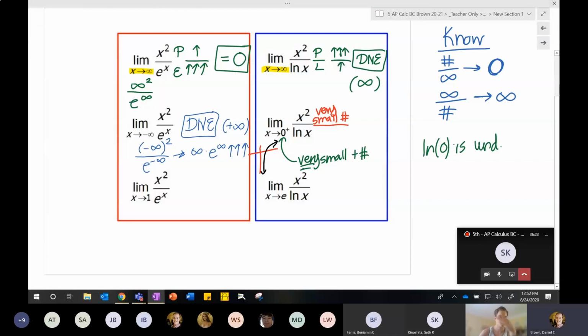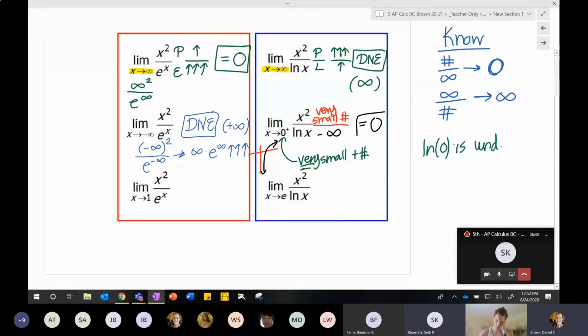So what can we say the natural log of x is doing as you come close to 0 from the right-hand side? Where's it headed? Negative infinity. So in terms of the limit, if I have a very, very small number divided by a really, really huge number, even though it's negative, where would that limit be going overall? 0.